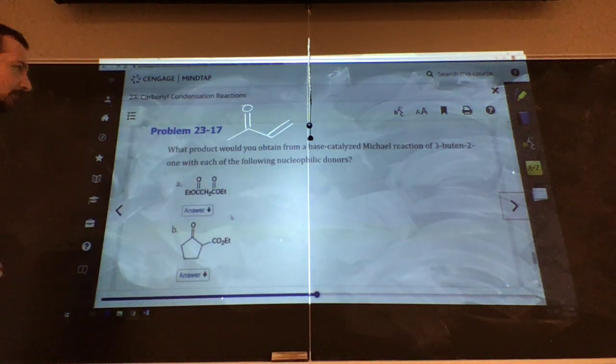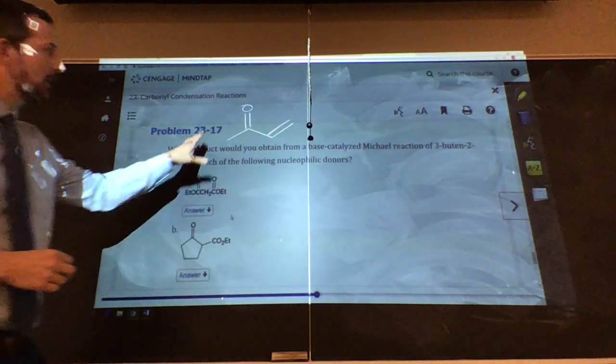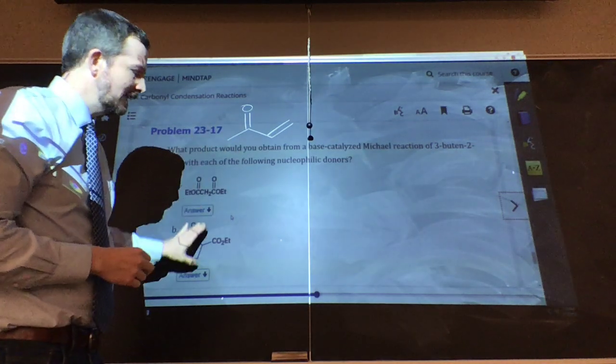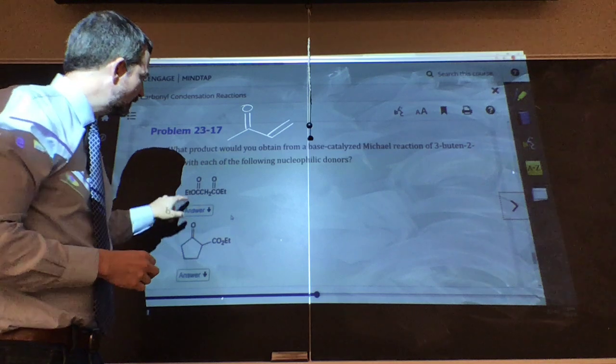So this time, this is going to be my Michael acceptor, and so these will be my dicarbonyl compounds.